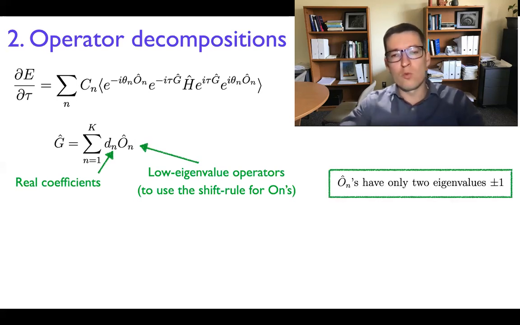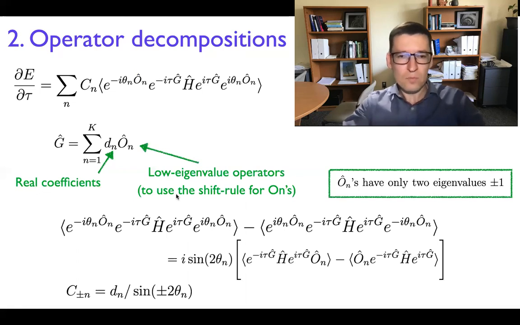Now, the way it works, if you have, say, these O_n's with just plus or minus 1 eigenvalues, then you can use the shift rule for these O_n operators, and it turns out that this difference is simply that we applied a theta_n shift here on the expectation value with, say, minus theta_n, and here plus theta_n, right?